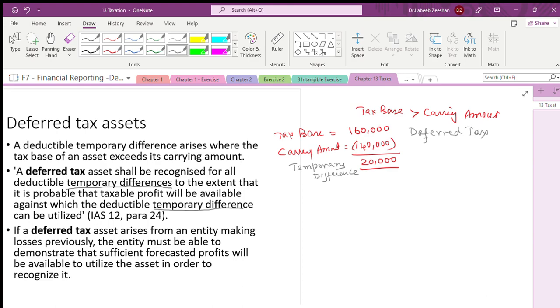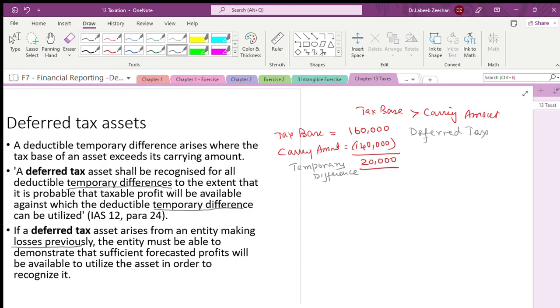If the deferred tax arises from an entity making losses, in some cases, if there are losses, definitely we will have the tax advantage. Fine. There will be rules.